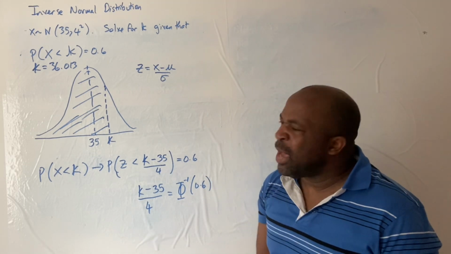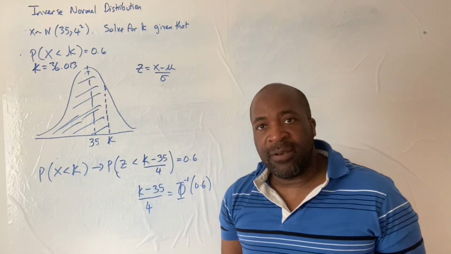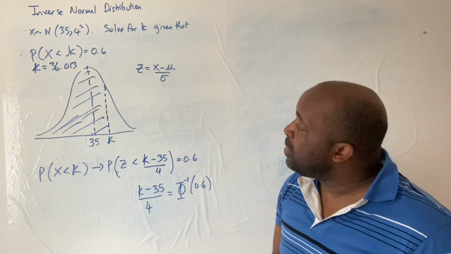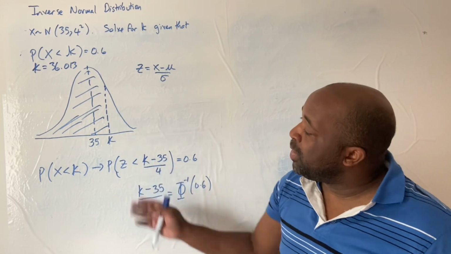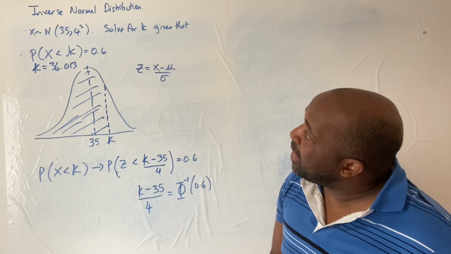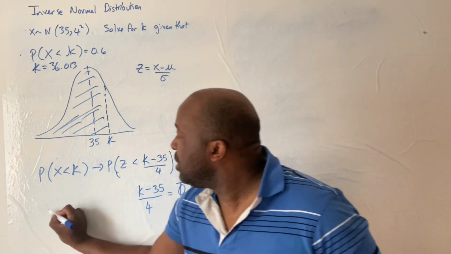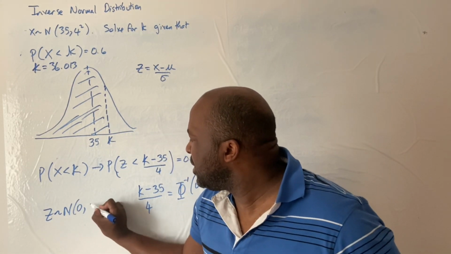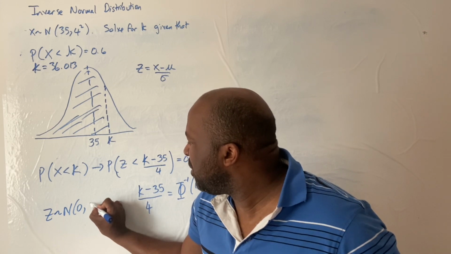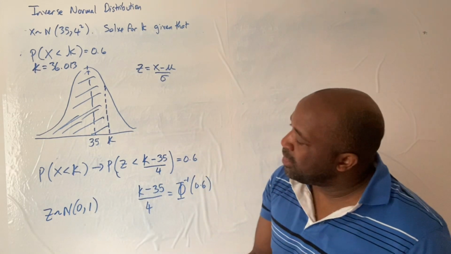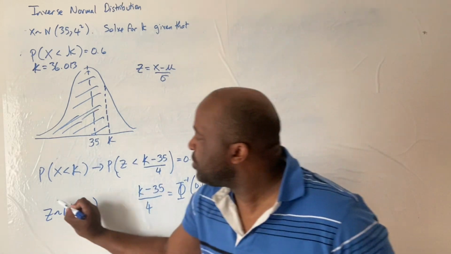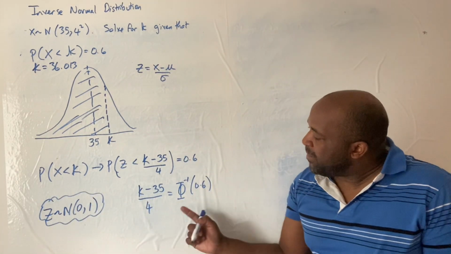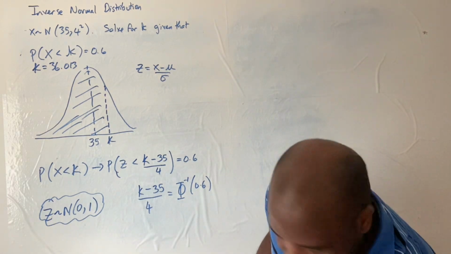All right. So that would be like sine inverse or tan inverse or cos inverse. Phi to the minus 1 is our inverse normal, particularly used when we have Z as, so this is for Z following a normal distribution when we're using the Z random variable, the standard normal variable. So phi inverse of 0.6.